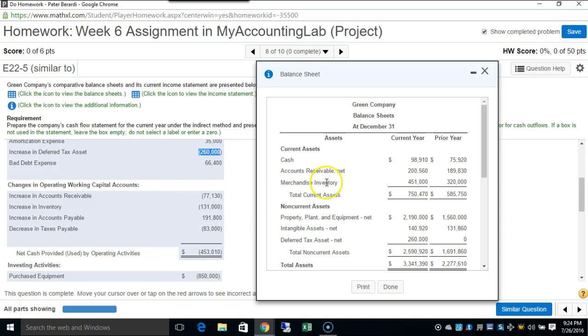So let's look at our accounts receivable net. Accounts receivable current year was $200,560 versus the prior year of $189,830. Therefore, our accounts receivable increase went from $189,830 to $200,560.